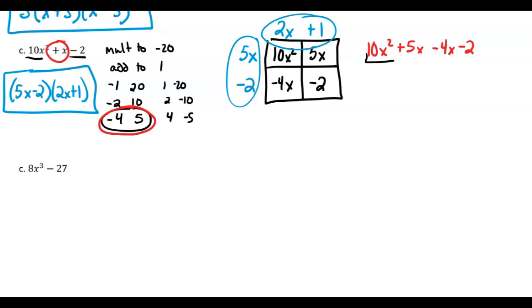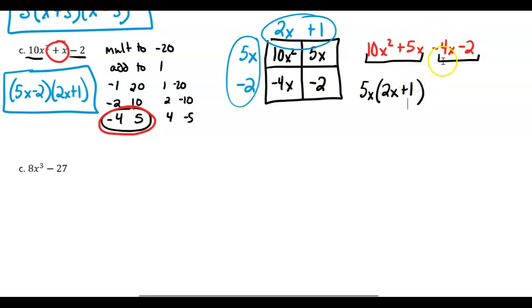Now, you factor out the greatest common factor from each group. What can come out of this first group is 5x. If you factor out a 5x, you have 2x plus 1. Picture it: 5x times 2x is 10x squared, and 5x times 1 is 5x. So far so good.